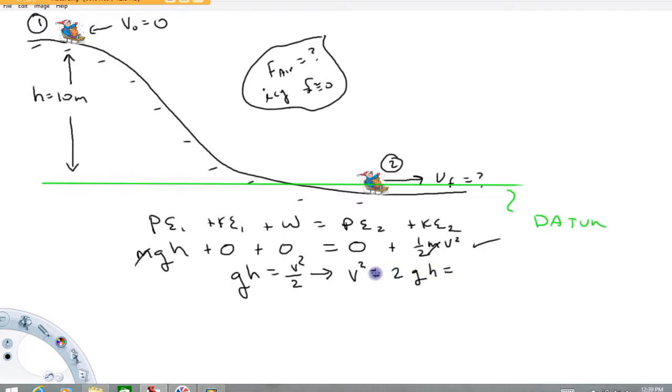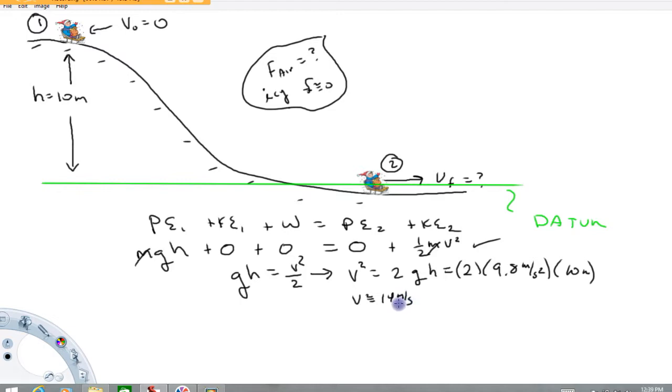And since I don't like radicals, I usually just put in my numbers at this point. So that's going to be twice 9.8 meters per second squared times a height of 10 meters. I'm going to calculate a value, and I get about 14 meters per second for speed.